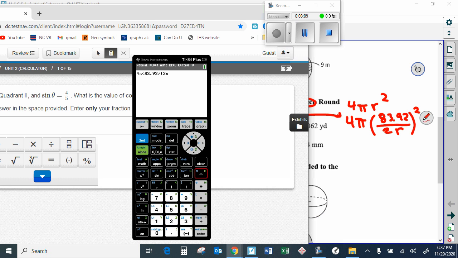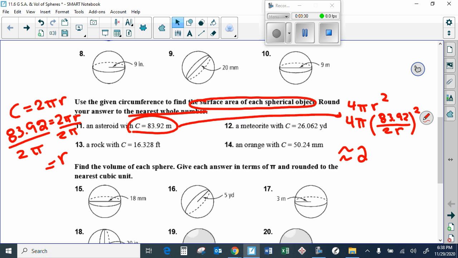Whenever you have pi involved in another number, you always put parentheses on that, no matter what, even if it's numerator or denominator. Parentheses for the whole thing, squared. 4 pi r squared, and that's 2,241.7, so 2,242. And we're doing surface area, so square meters.